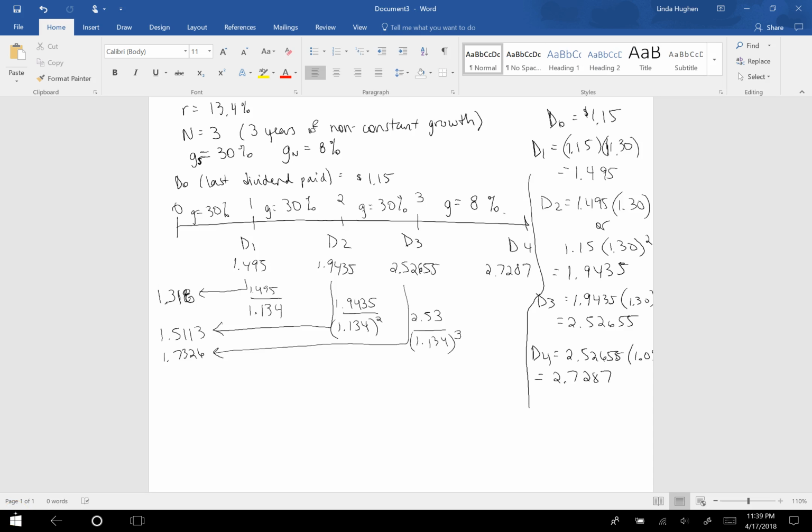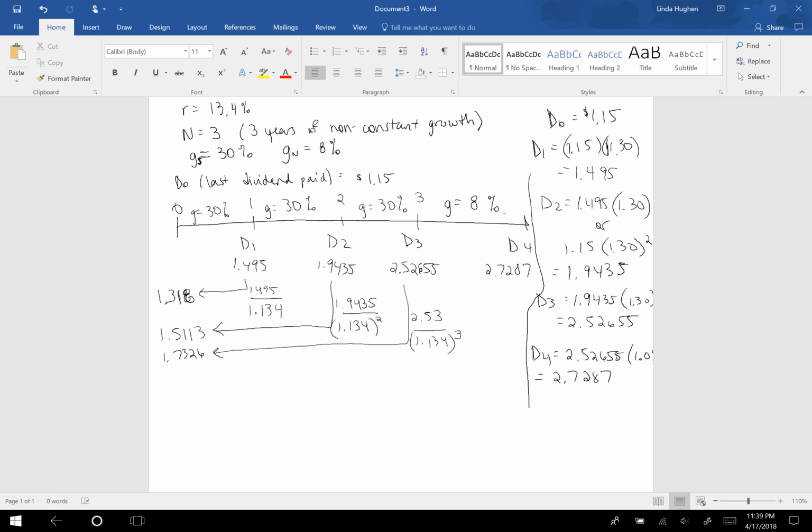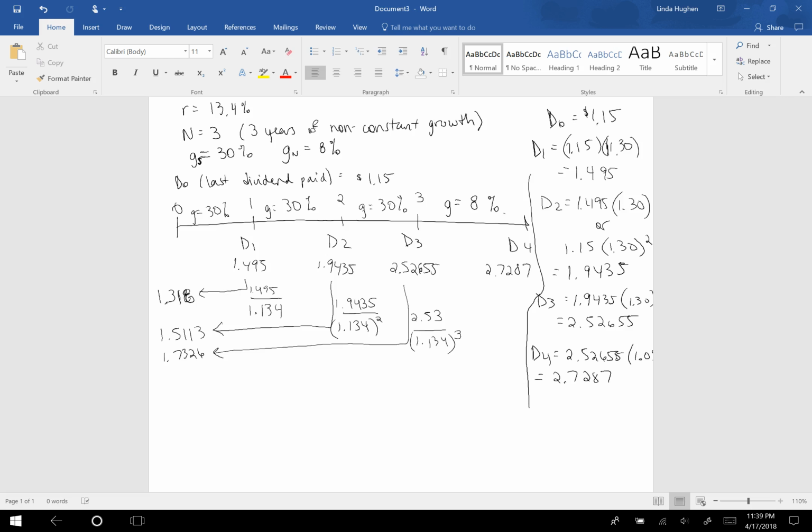Once again, we've just gotten the present value of each one of the 3 dividends in the supernormal or non-constant growth period. And now what can we say about this stock? After we receive D3 in the future, jump in time into year 3. What do we have here? At year 3, we have a constant dividend stock, a stock that's going to pay a constant growth rate of 8%.